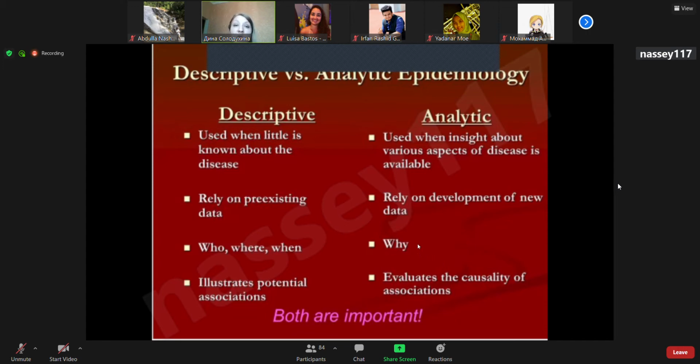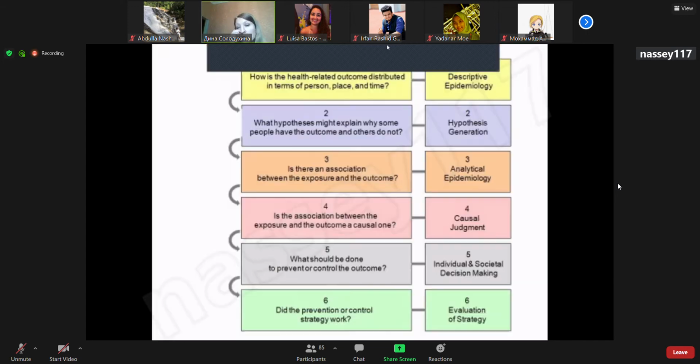Okay, if you look at the stages of how we usually run an epidemiological study, we always start with the methods of descriptive epidemiology. So we ask the question, how is the health-related outcome distributed?